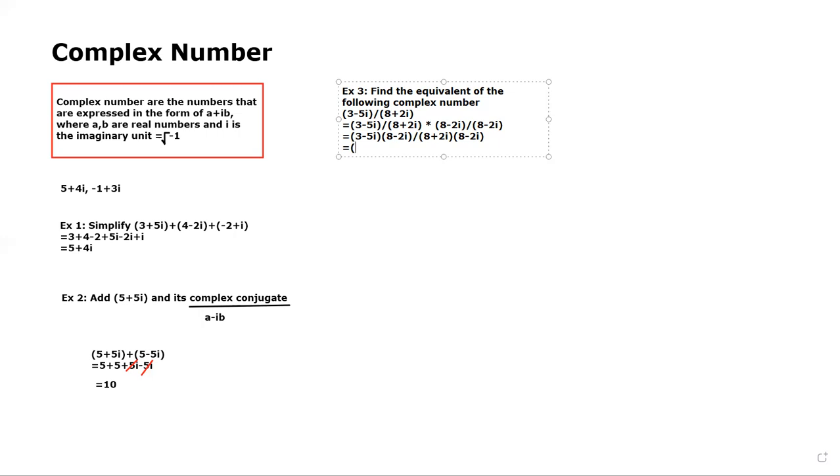By multiplication the numerator is 24 minus 46i plus 10i square. For the denominator, a plus b times a minus b is a square minus b square, that is 8 square, which is 64, minus 4i square.